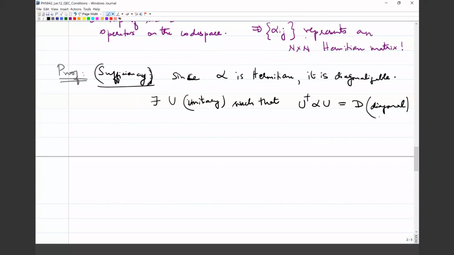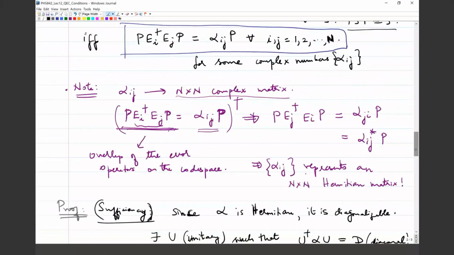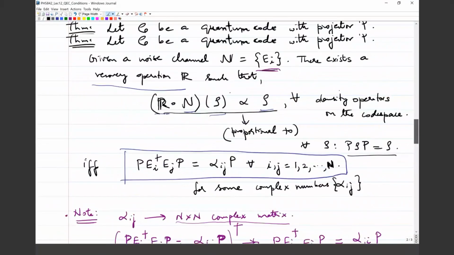Now take this unitary matrix. So this exists, right? Given this alpha, given this condition, this unitary exists. So now let Uij be the elements of this unitary. Now go back to this result which we showed earlier when we were discussing Krauss operators and the Krauss operator sum representation. If you recall, we showed that this Krauss decomposition of a channel is not unique.